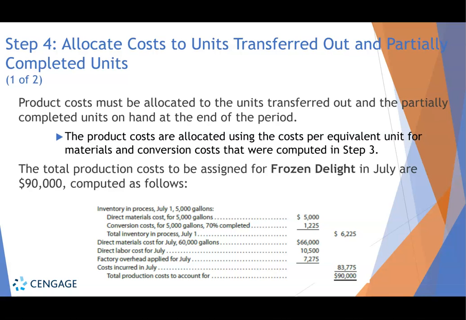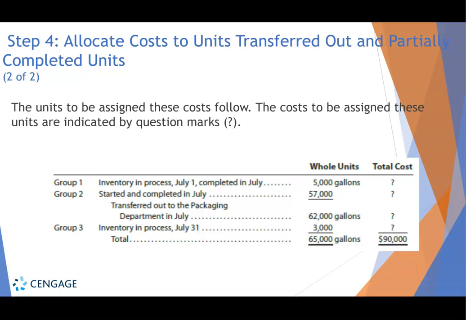The costs added during July, the $66,000 in materials, the $10,500 in labor, and the factory overhead of $7,275 gives us the total costs that were incurred in July. It all totals up to $90,000.